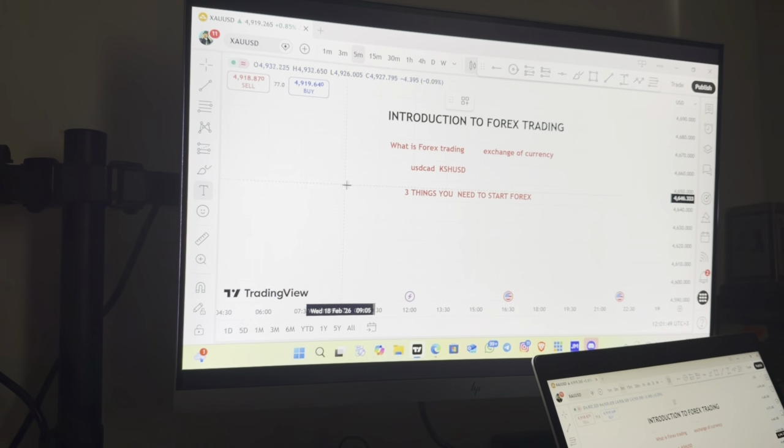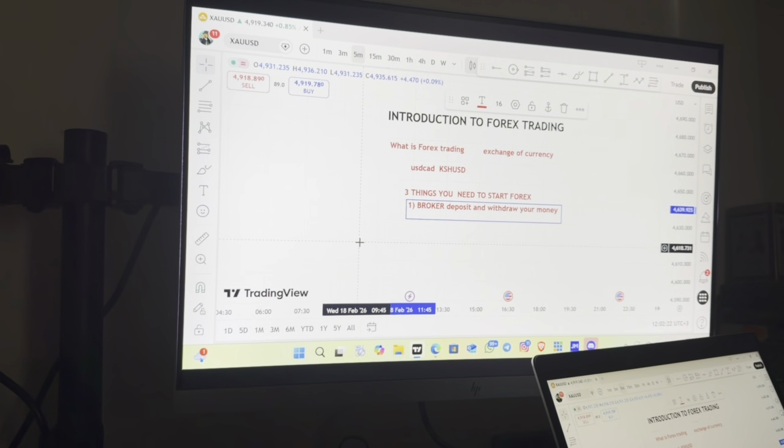Number 1, you need what we call a broker. A broker is simply a wallet in the Forex market where you deposit. A broker is simply a place where you deposit and withdraw your money.